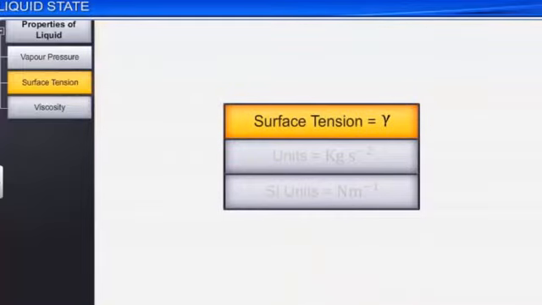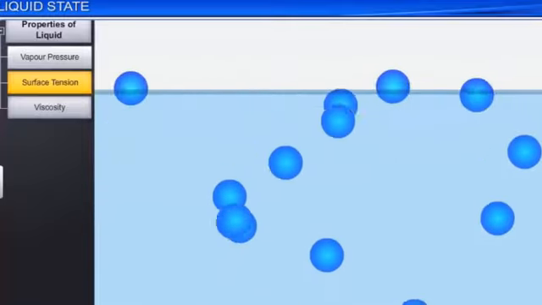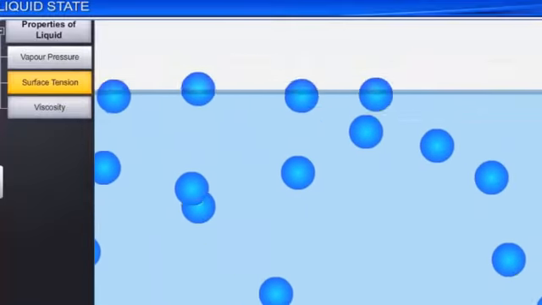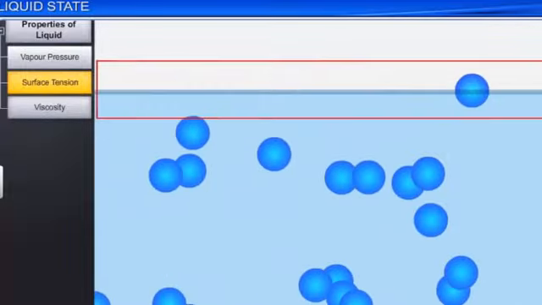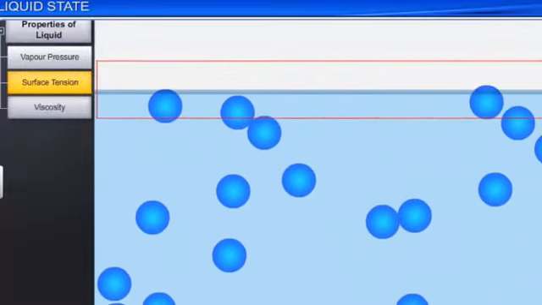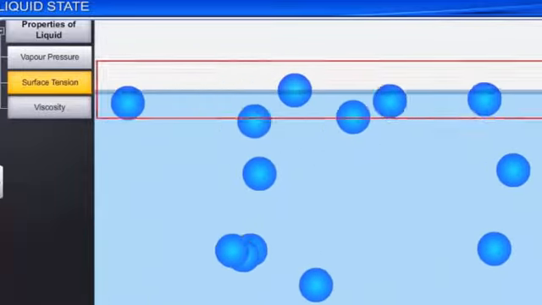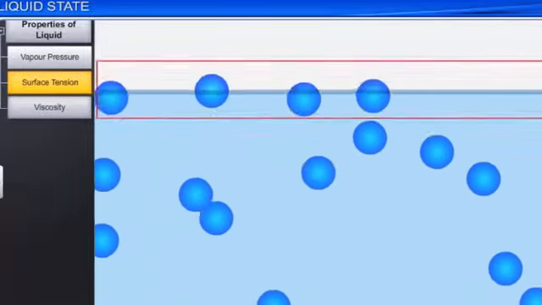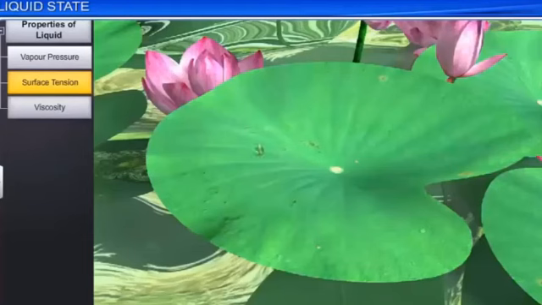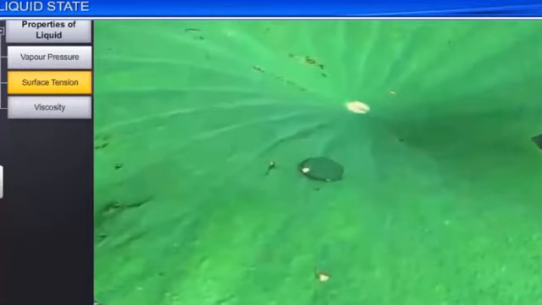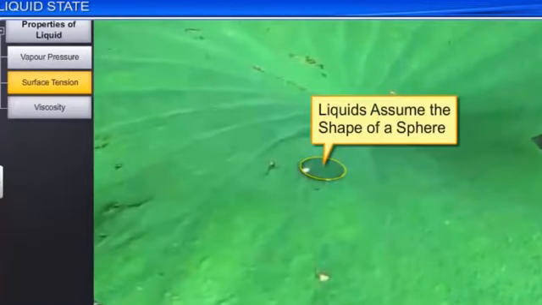To avoid the instability caused by the surface tension and to remain at the lowest energy state, liquids naturally tend to have the minimum number of high energy molecules on the surface. To minimize the surface area as much as possible, the molecules of liquids assume the shape of a sphere.